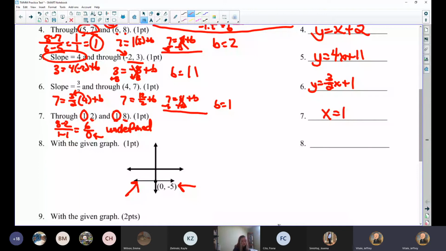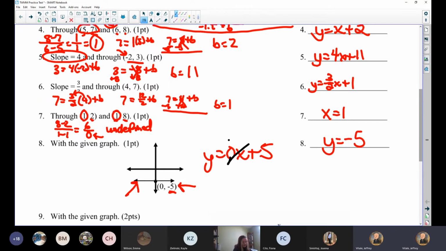And the y values are what on this line? -5. Yeah, right here. So there's your equation. You don't write the 0x in, right? We don't need that part.